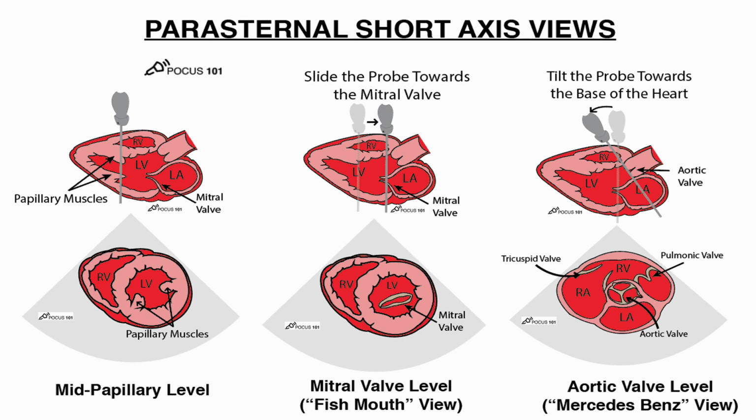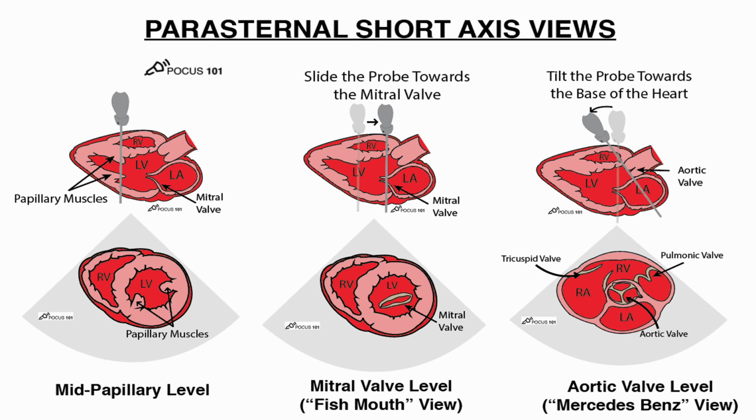To obtain the aortic valve view that I mentioned earlier, all you have to do is tilt or fan the tail of the probe towards the base of the heart, or towards the feet of the patient, if that helps visualize that motion, and I'll show you more or less in a few videos.